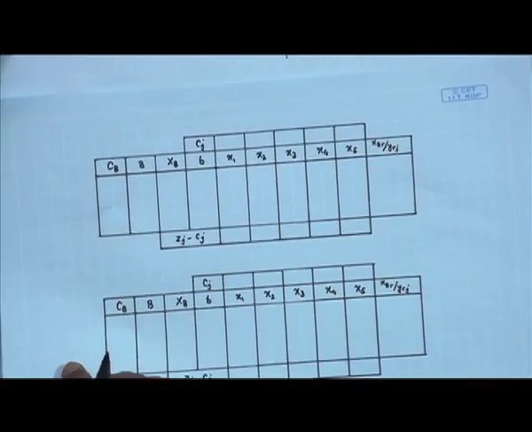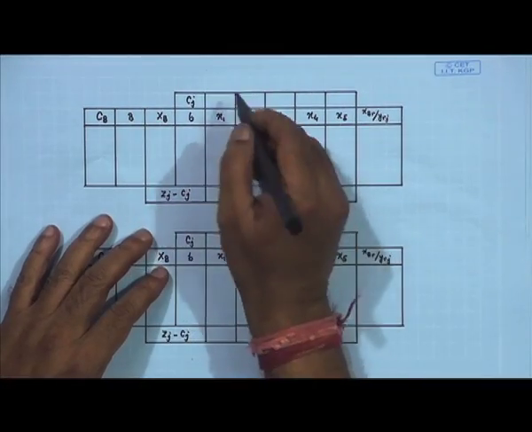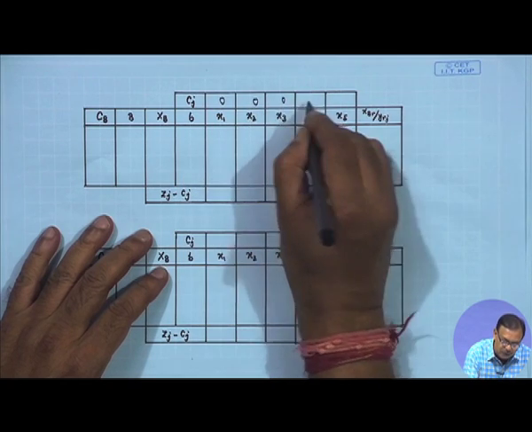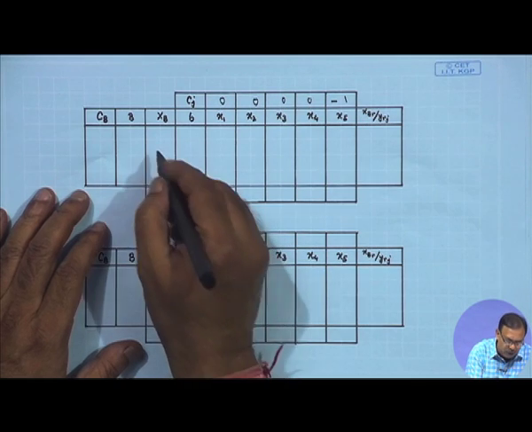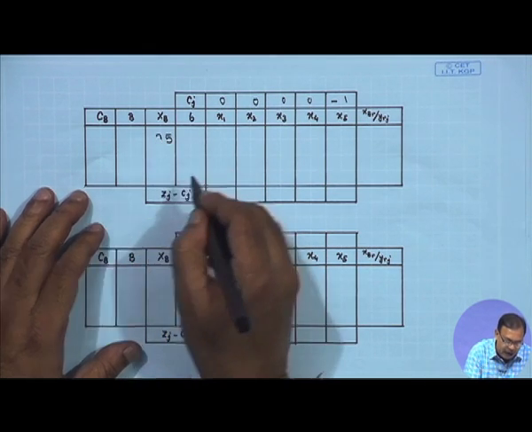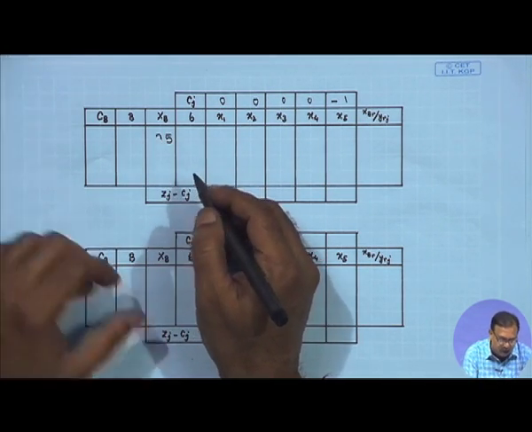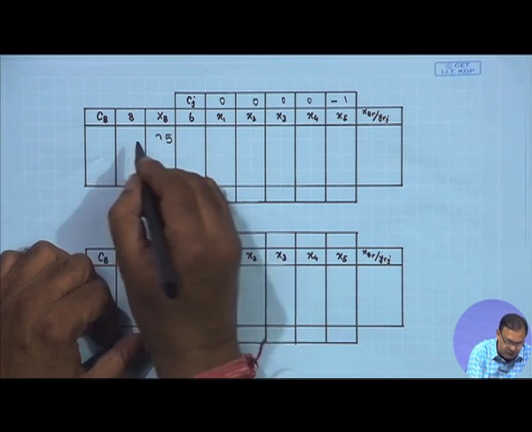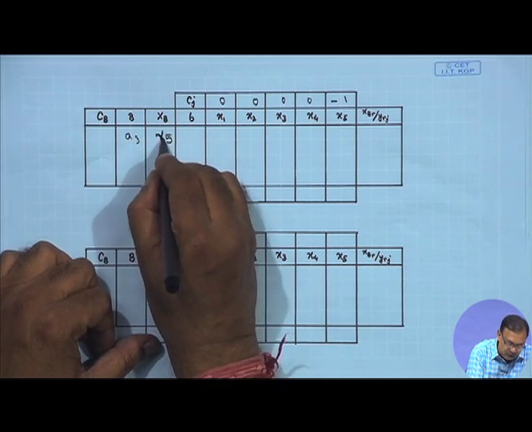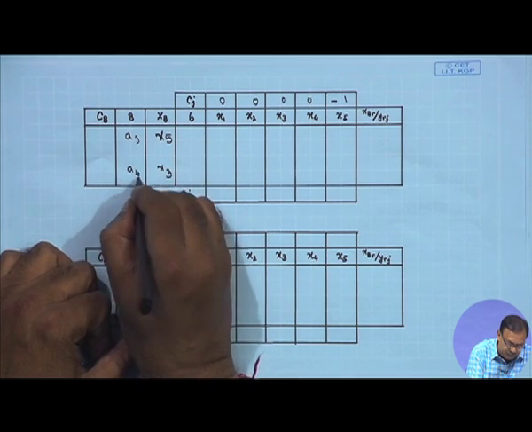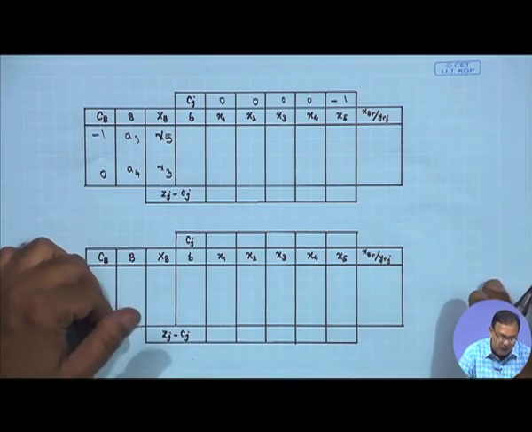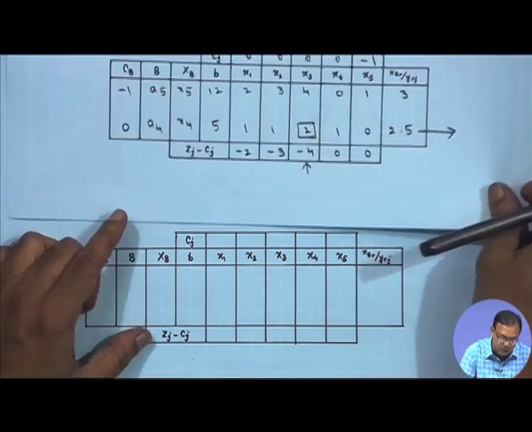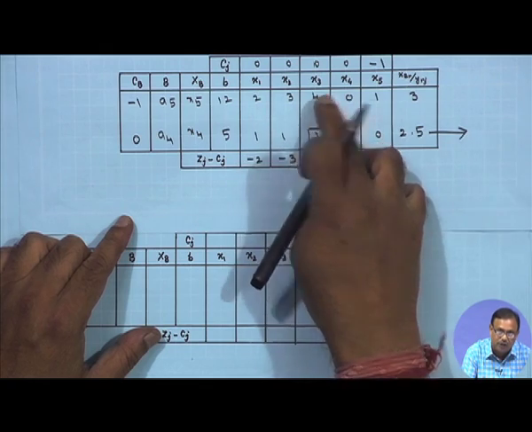So, the next table whatever you obtain is this one: 0 0 0 0 minus 1, and here x5 stays and x3 comes in, so x4 is replaced by this. Your Cb values will be minus 1 and 0. I am directly writing this. I have to make this 1 and this 0.